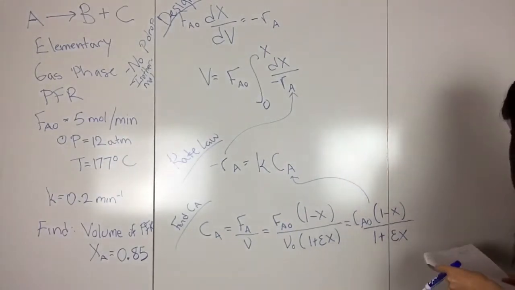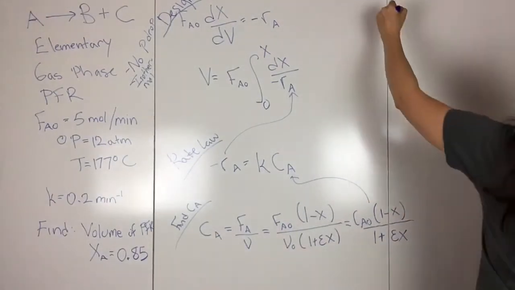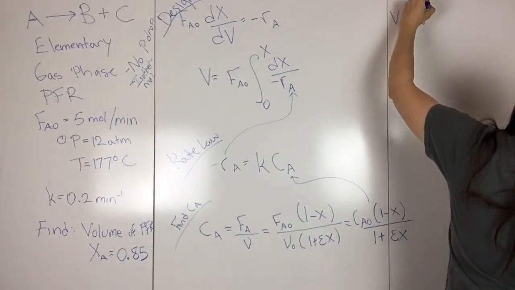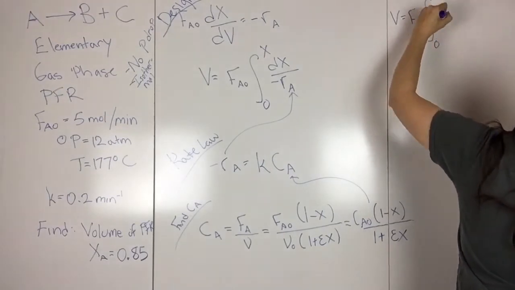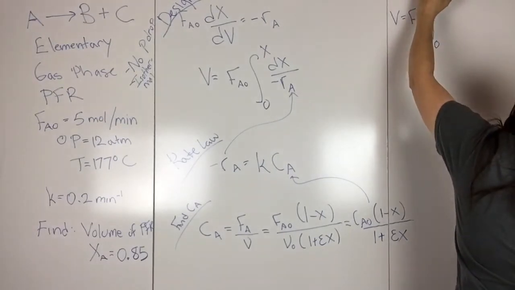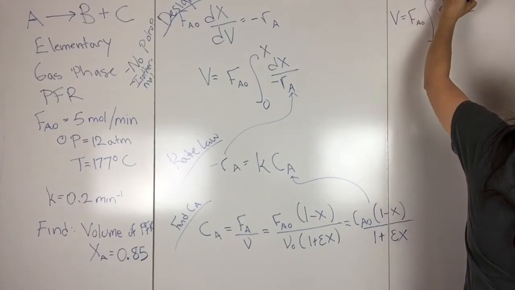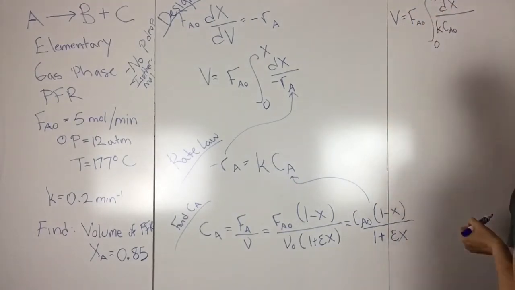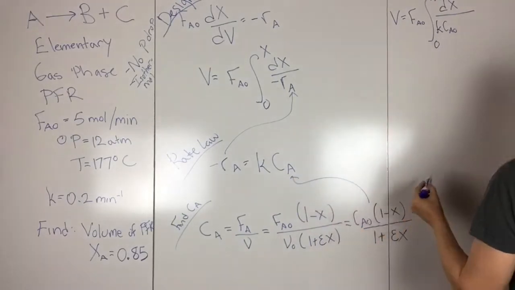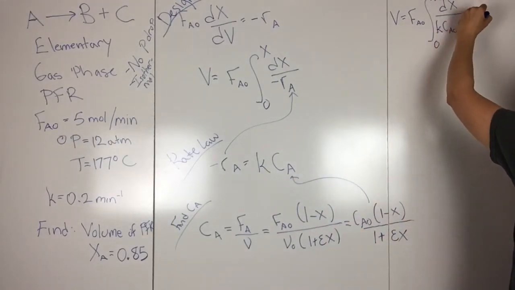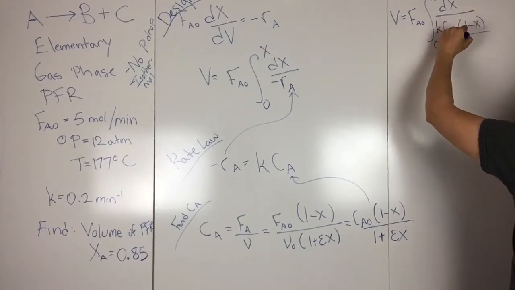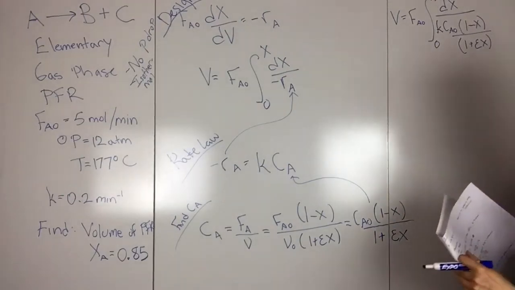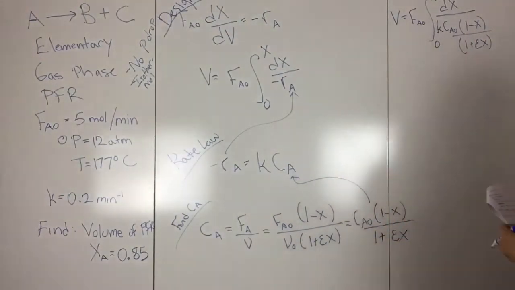Doing that, you get V is equal to FA naught times the integral from 0 to X of dX over k CA naught, and I'm plugging this in, (1 minus X) over (1 plus epsilon X). That's still on the board.